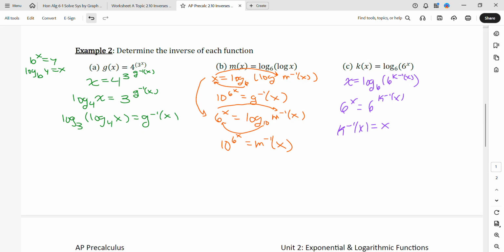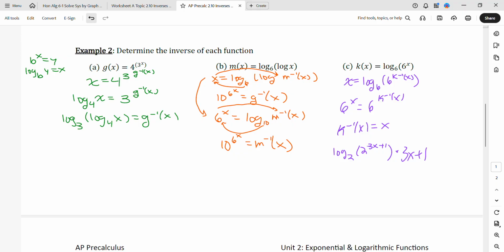So like if I did log base 2 of 2 raised to the 3x plus 1, the base of the log and the base of the exponent cancel out. So it just becomes 3x plus 1.